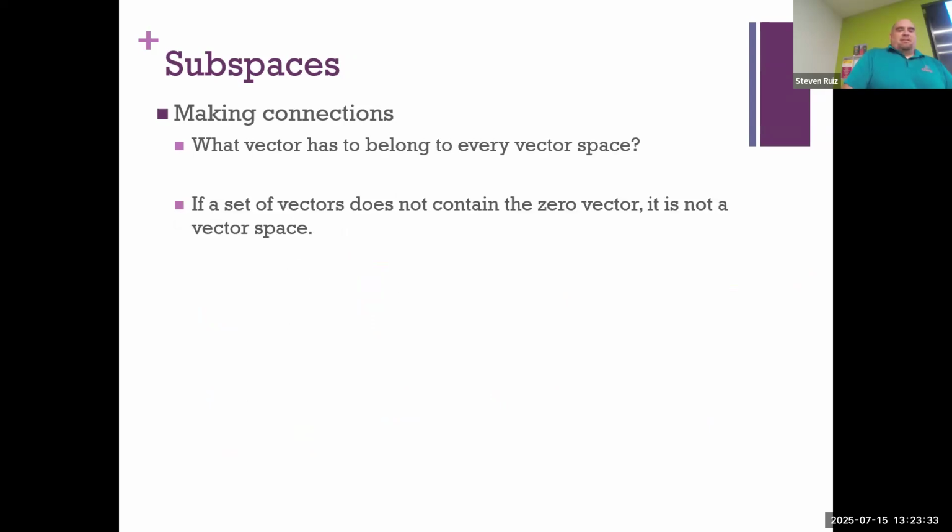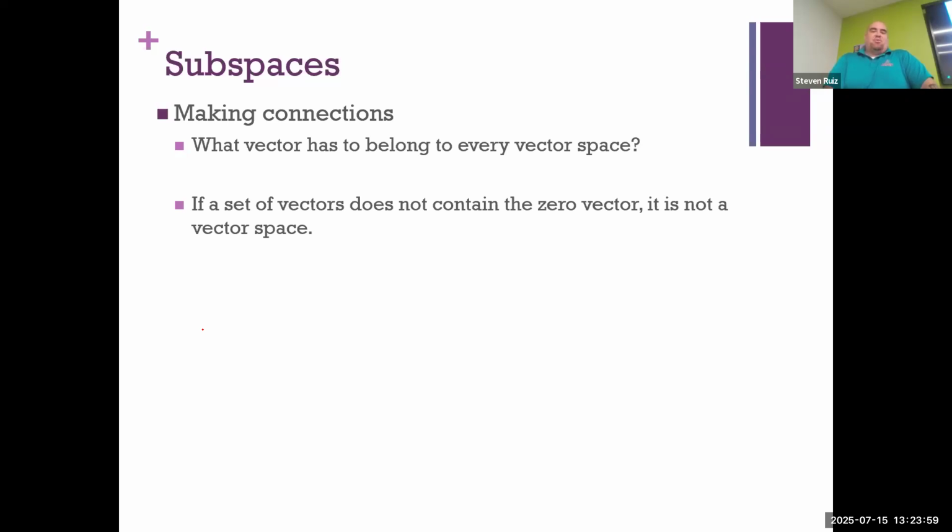So there's kind of a hidden condition with the subspace test. Every single subspace has to contain the 0 vector. I have not shown you a subspace yet that wasn't just the trivial one, so let me hold that thought for now. A couple ways to look at this.